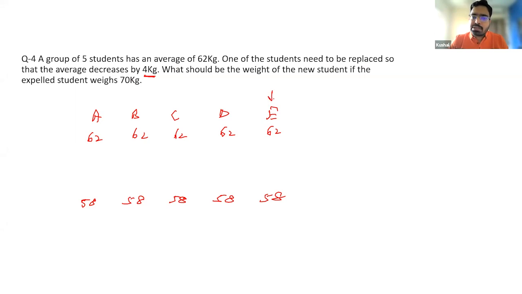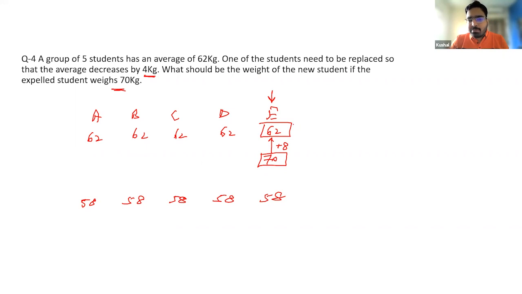Let's say suppose it was E which was being replaced. And what was the actual weight of E? It was 70. Now please understand, if this weight is 70 and I am looking at equal distribution, of course, the average is 62. That means E would have naturally created a surplus of 8 units, right? So what will E do?